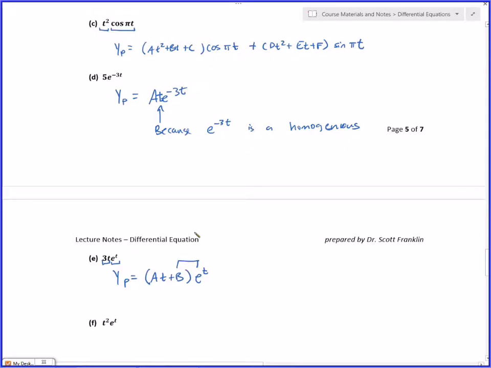So I can't have that as part of this. By part, I mean one of the added terms. So I stick an extra t in there, or use it as (At^2 + Bt) e^t, since B e^t is part of the homogeneous solution.